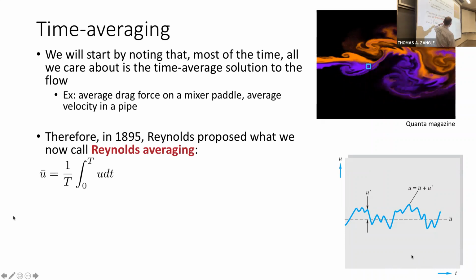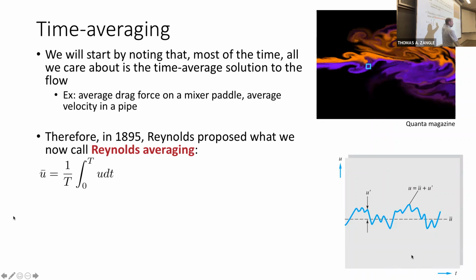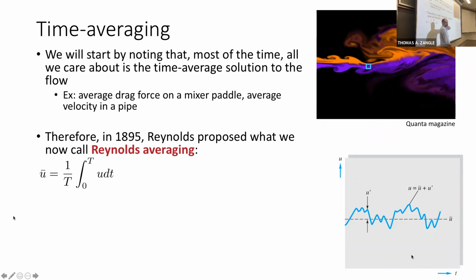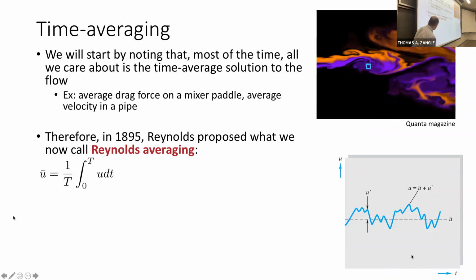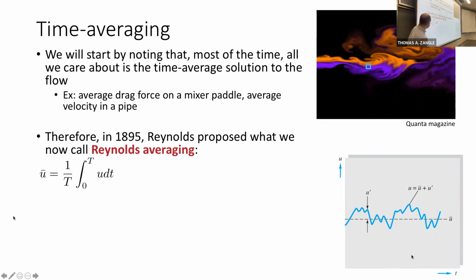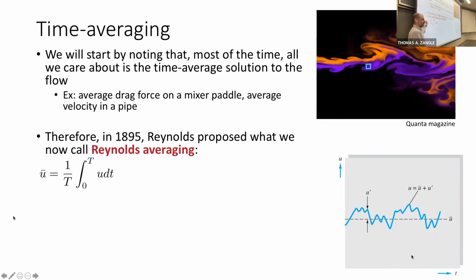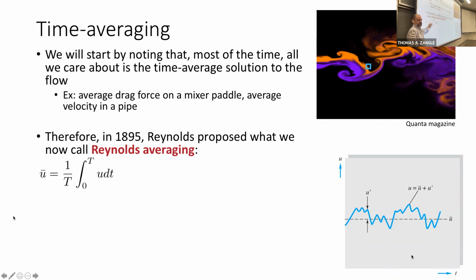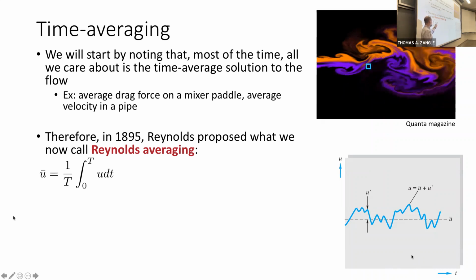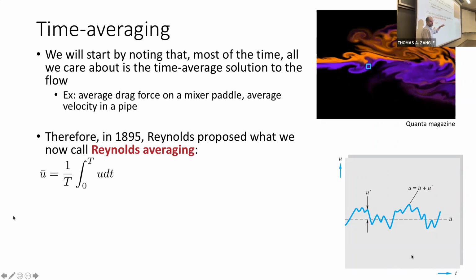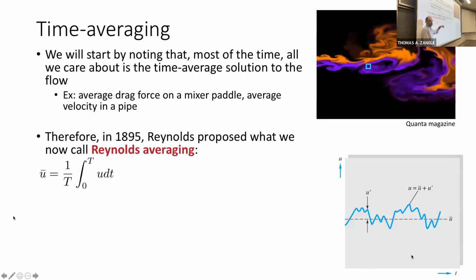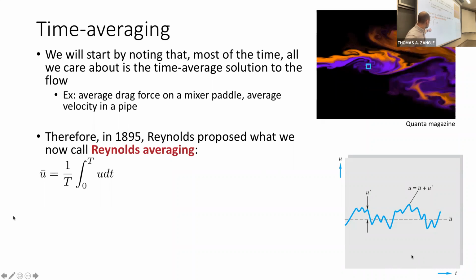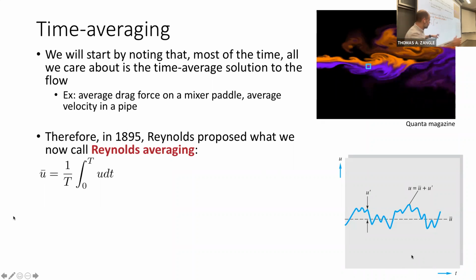So in 1895, Reynolds, of Reynolds number fame, proposed what we now call Reynolds averaging. What we basically do is define the time average, U bar, as 1 over T, for some time period T, the integral from 0 to T of u with respect to time. So it's basically just the average of the velocity over some time period.